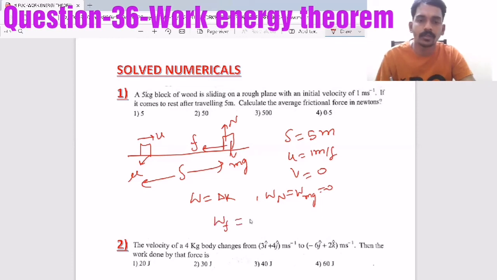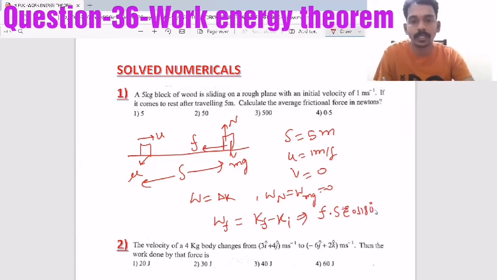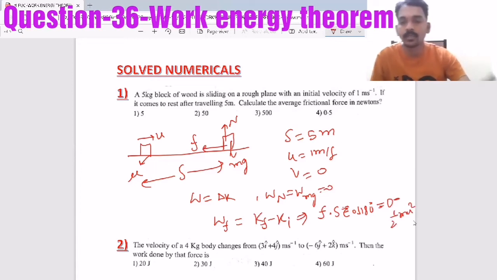Work done by friction equals final kinetic energy minus initial. Work done by friction means F into S into cos 180, because friction is backward and displacement is forward, equals final kinetic energy 0 minus initial kinetic energy, which is half m u square. So m is there, u is there, S is there. If you substitute, you will get the frictional force value. That is what they are asking.